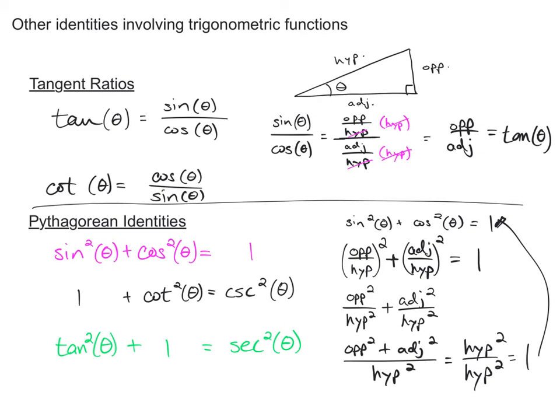You don't have to know how to prove these identities, but we're going to use these to prove bigger and better identities. So these tangent ratios and Pythagorean identities are super important for what's coming up in the next few slides.